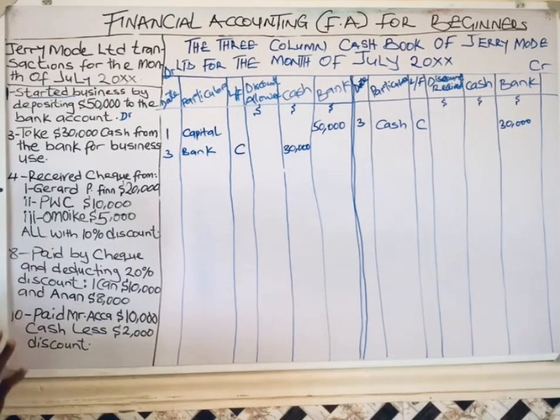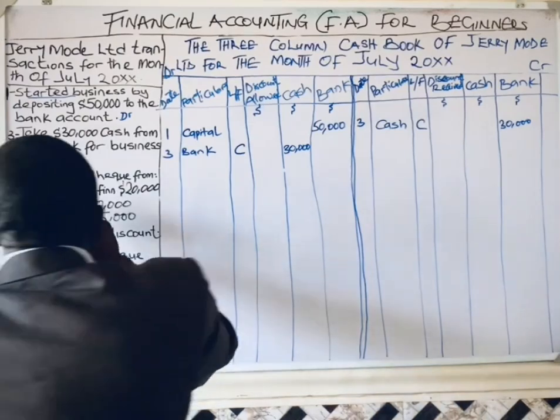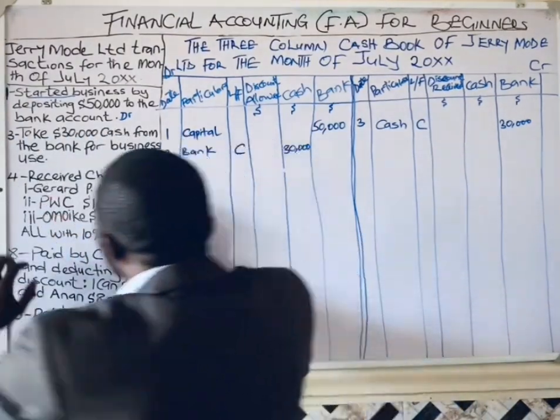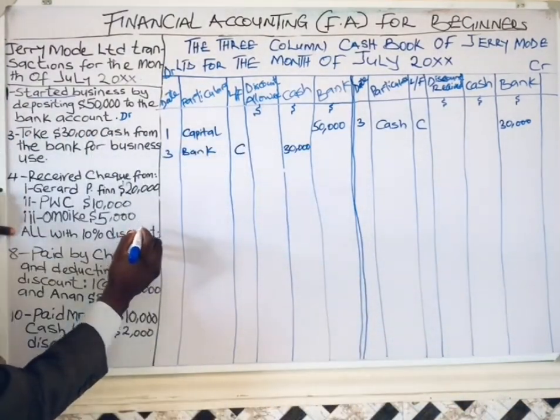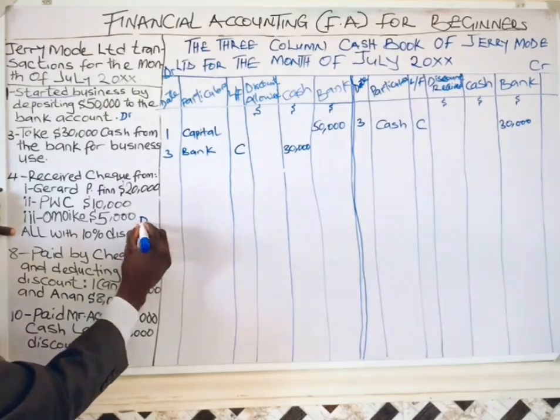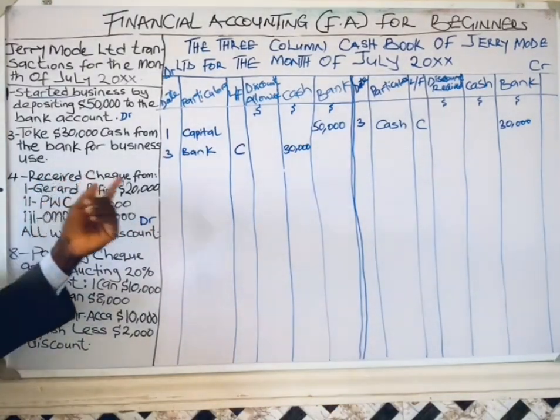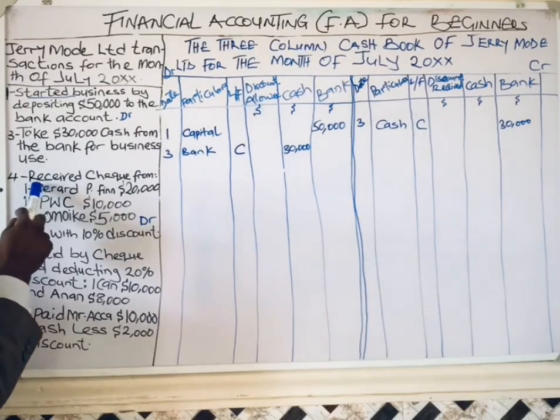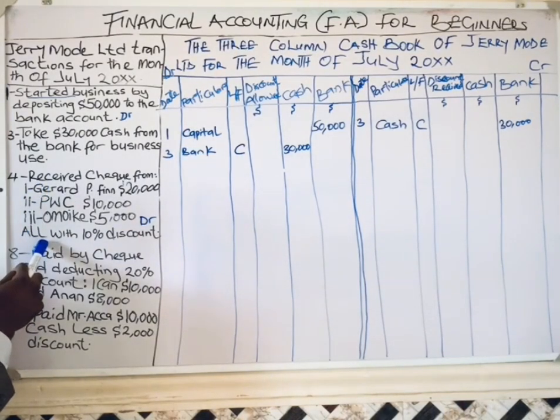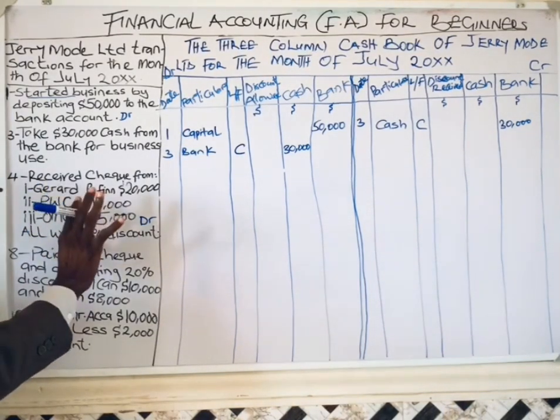This is the discount that I've explained in the introduction part of this lecture. So now, listen, we receive. So automatically, this is a debit transaction, because we received cash from these customers.